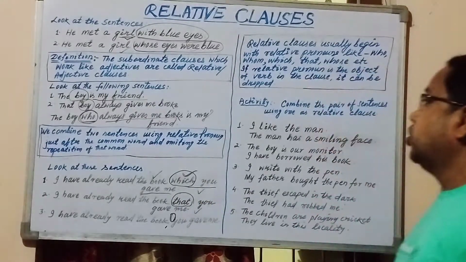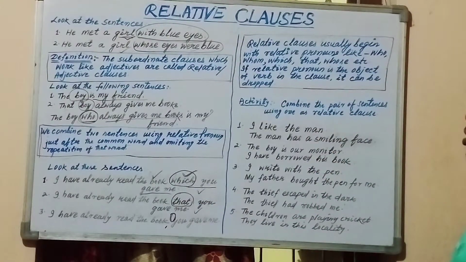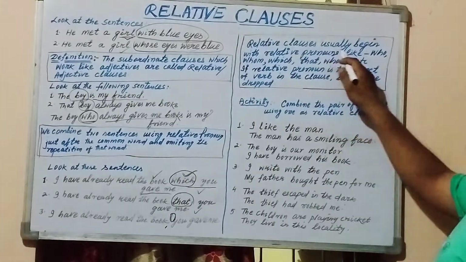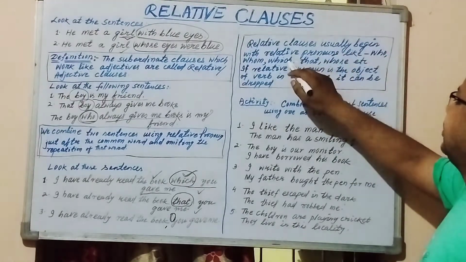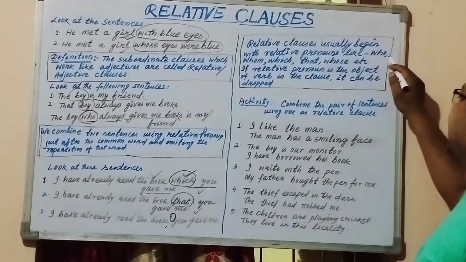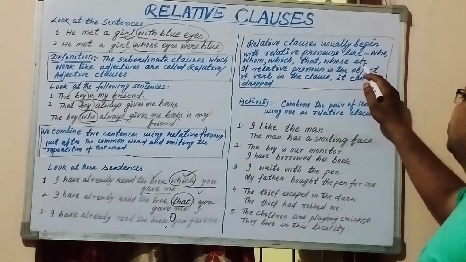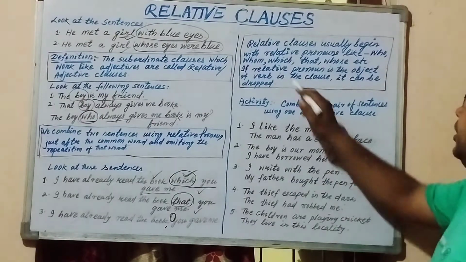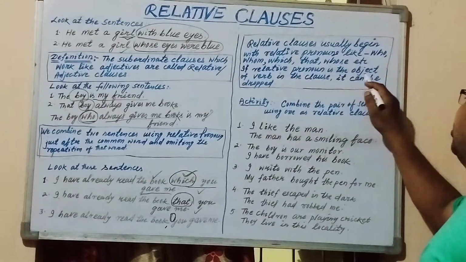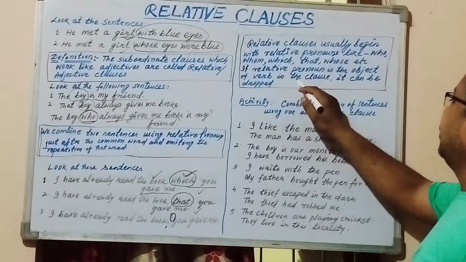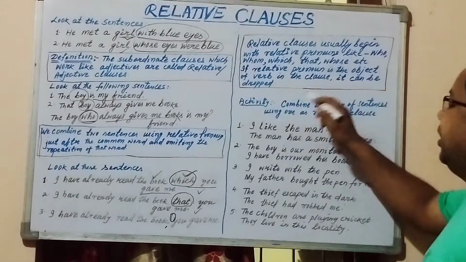So what do we learn from this? Relative clauses usually begin with relative pronouns like who, whom, which, that, whose, etc. If the relative pronoun is the object of the verb in the clause, it can be dropped.